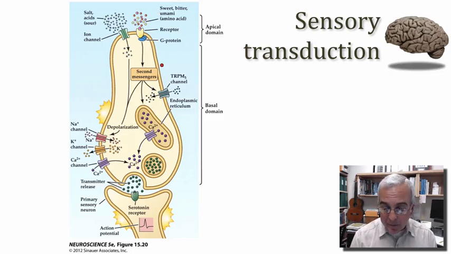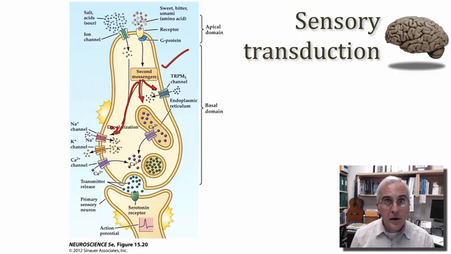And these second messenger systems can interact with a variety of other systems within the cell, some of which will lead to the depolarization of the taste cell. Others will release calcium from intercellular stores.